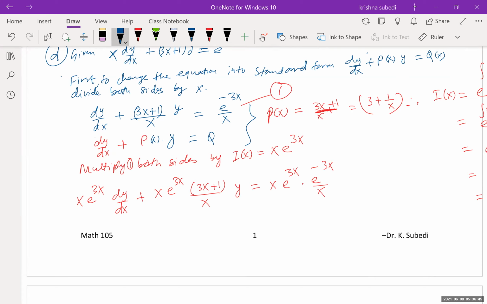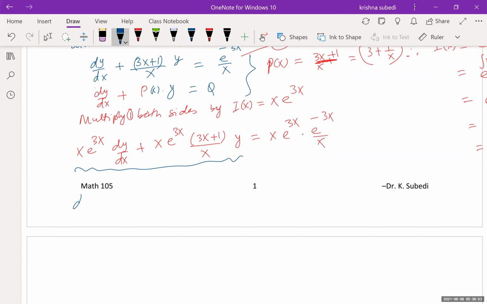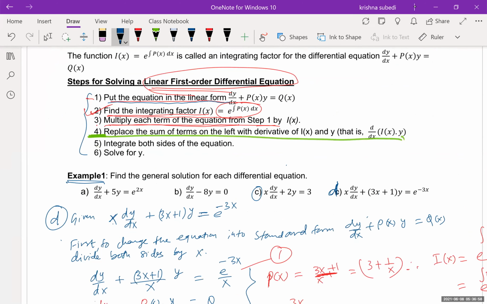Now, the left hand side, the whole thing can be written as d over dx. Remember, what is there in the step? Once you multiply both sides by the integrating factor, replace the sum of the terms on the left with the derivative of I of x times y, that is d over dx of integrating factor times y.